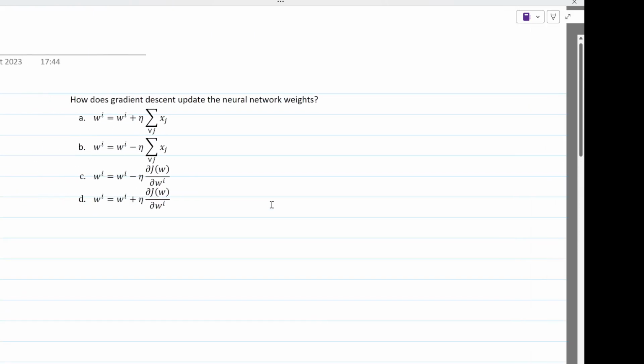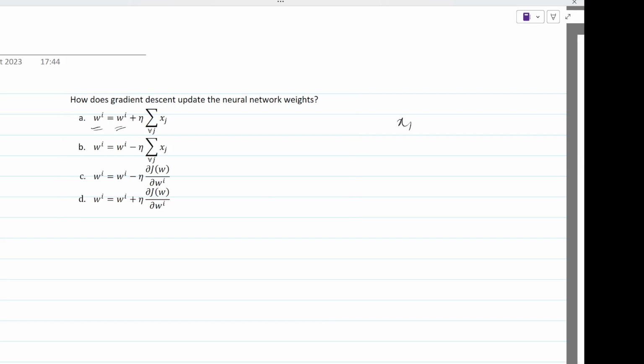So in this question it is asked, how does gradient descent update the neural network weights? Here they are updating wi equal to wi plus eta times summation of xj.